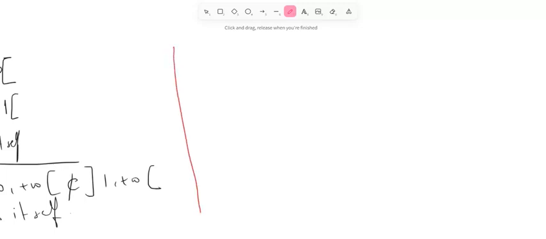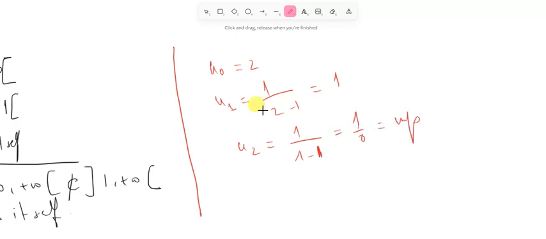Okay, based on the results here, we have u0 equals 2. This means that u1 will be 1 over 2 minus 1 equals 1. And then we go to u2, and we will find that it's 1 over 1 minus 1, equal to 1 over 0. It's impossible. So whatever n superior or equal to 2, un does not exist.